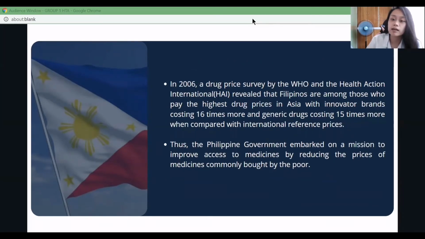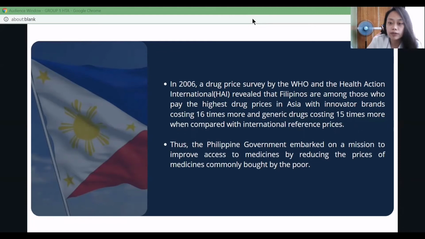In 2006, a drug price survey by the World Health Organization and Health Action International revealed that Filipinos are among those who pay the highest drug prices in Asia, with innovator brands costing 16 times more and generic drugs costing 15 times more when compared with international reference prices.